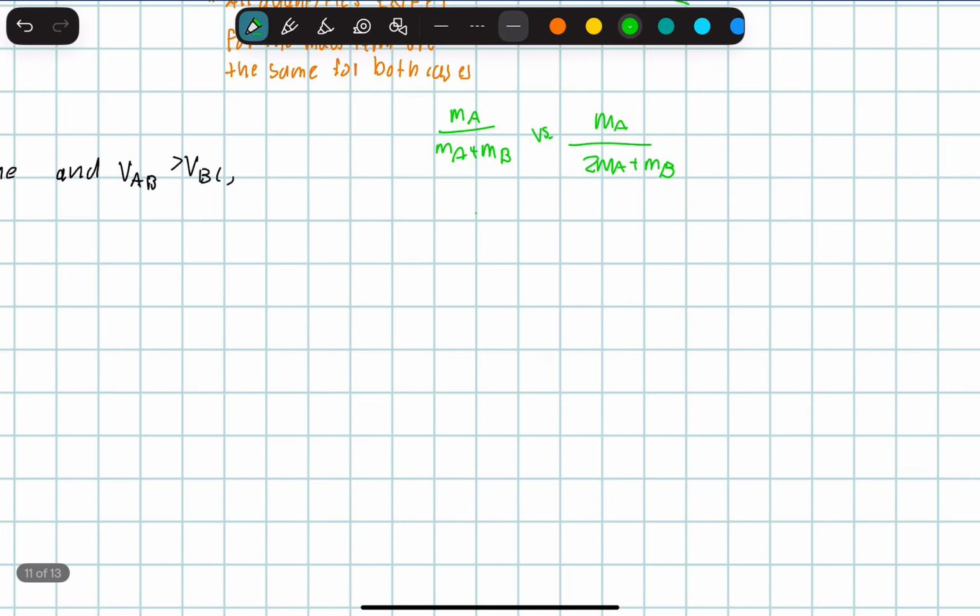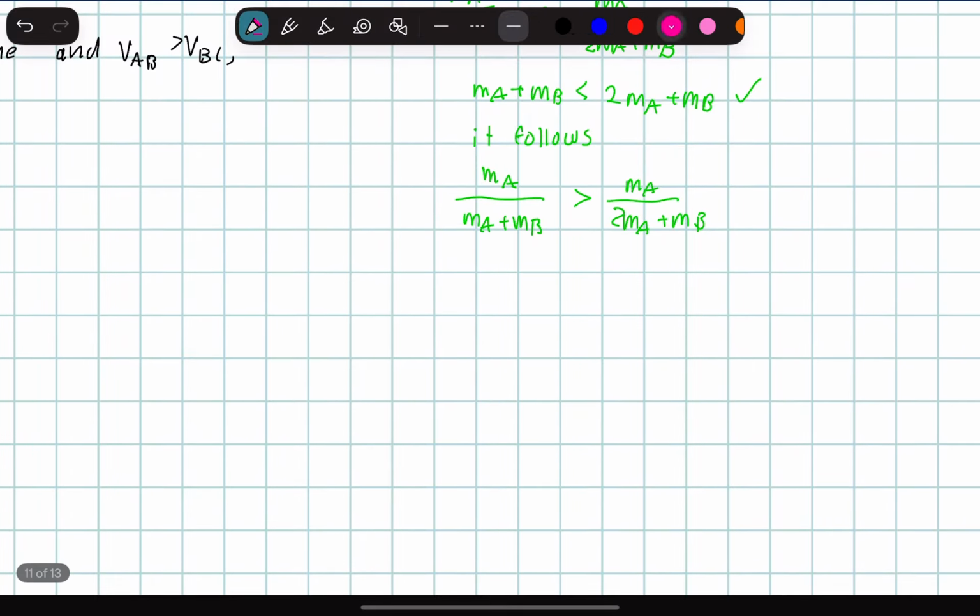We know that MA plus MB is going to be less than 2MA plus MB. That means it follows that MA over MA plus MB is going to be greater than MA over 2MA plus MB. So therefore, delta x AB is going to be greater than delta x BC.